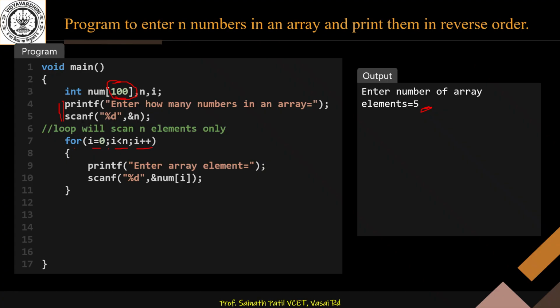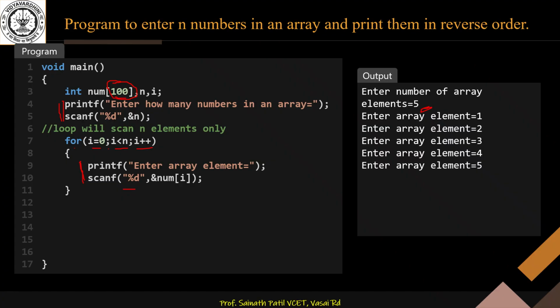So within the for loop, in the body of for, these two statements will be written: printf enter array element, scanf %d and num of I, that is initially I is equal to 0. So the first number will be stored at num of 0. So like that one by one, 1, 2, 3, 4, 5.